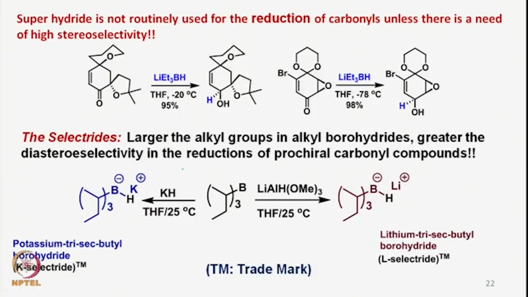Now, the superhydride is not routinely used for the reduction of simple carbonyl groups unless there is a need to observe a high stereoselectivity, because it is sterically bulky and also very nucleophilic.